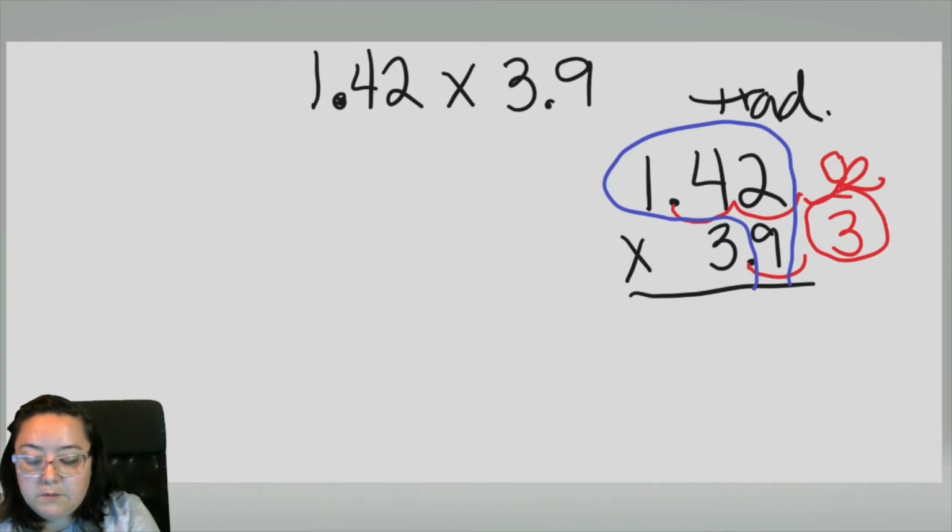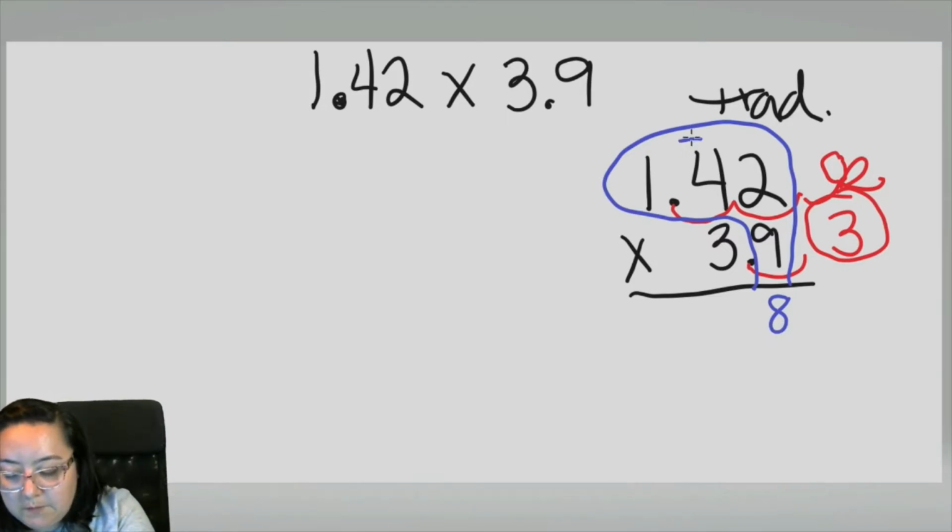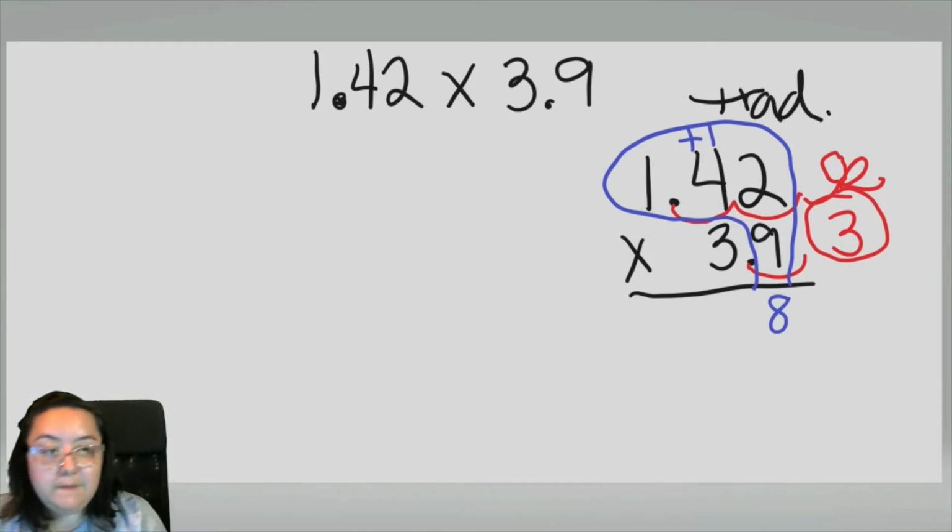So we are multiplying first 142 times 9. We're going to jump right in. 9 times 2 is 18. We bring down our 8 and we carry our 1. I'm going to put plus 1 above that 4.